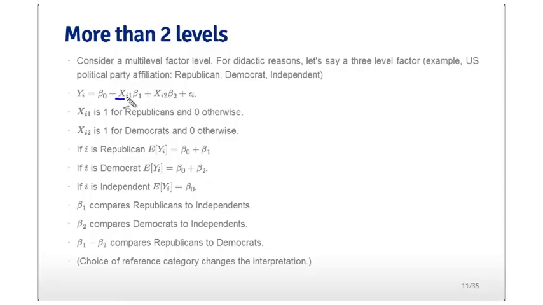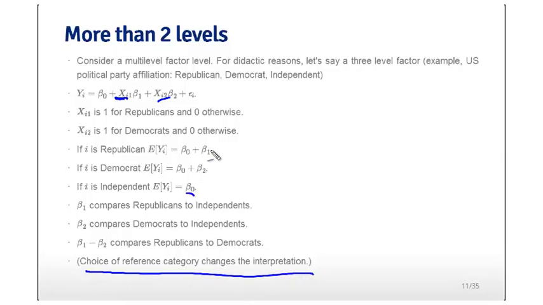We included a binary variable for Republicans, a binary variable for Democrats, and omitted the binary variable for independents. If we had omitted the binary variable for Republicans and included the binary variable for independents, then in that specific case, the Republicans would be the reference category. They would be the ones with only the intercept. So choice of the reference category changes the interpretation.